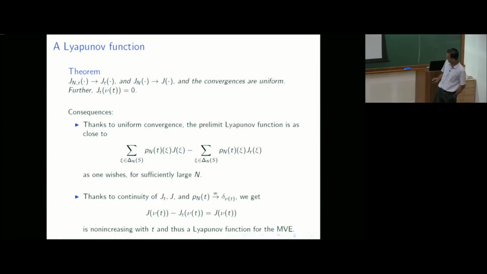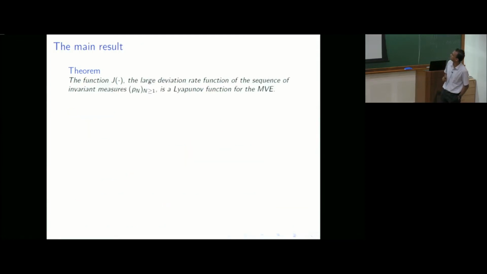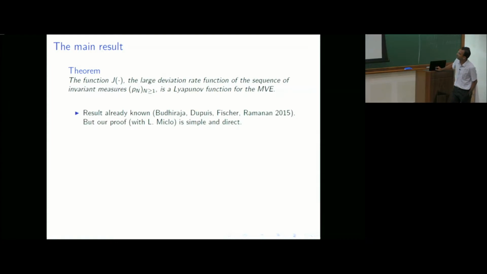So let me summarize what this is saying: the function J, which is the large deviation rate function of the sequence of invariant measures, P_n, is a Lyapunov function for the McKean-Vlasov equation. Now, this result was already known.